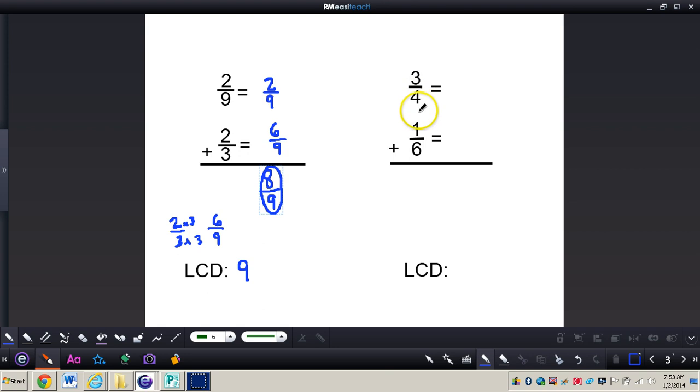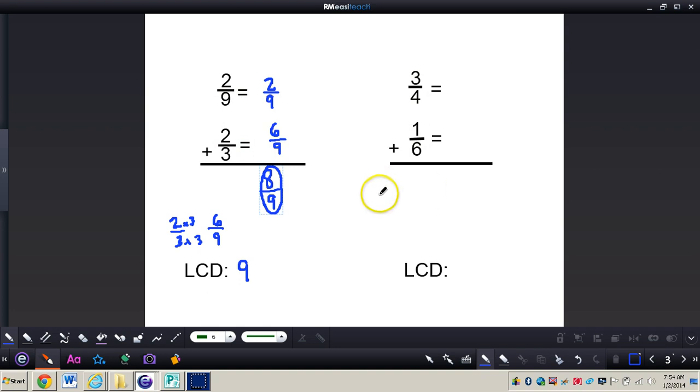So I'm going to do one more problem for you, and then I'll have you join in just a second here. 3/4 plus 1/6. First thing we need to do is find a common denominator by finding that least common denominator. I usually like to start out with the denominator that's least, because whenever you have one like this, even though I started out with my 9, if I see my 3 goes into my 9, we don't have to do the next denominator.